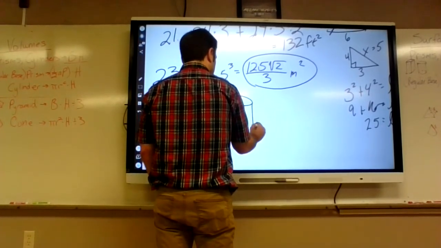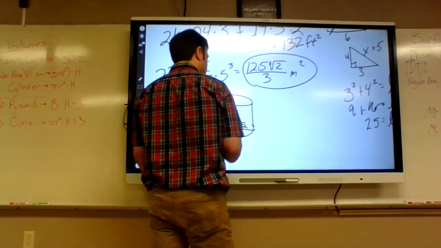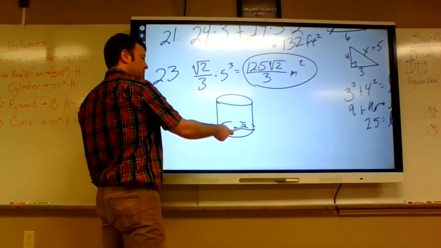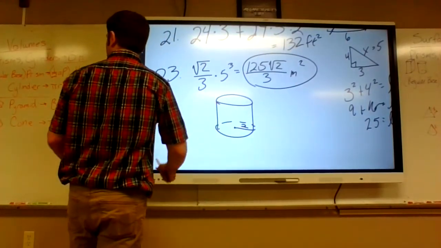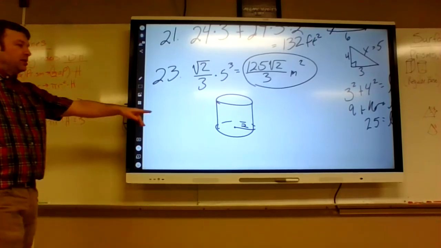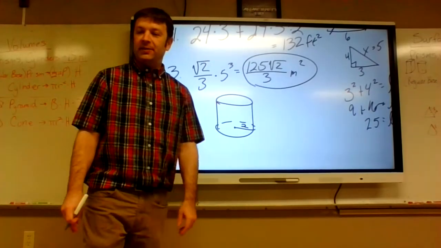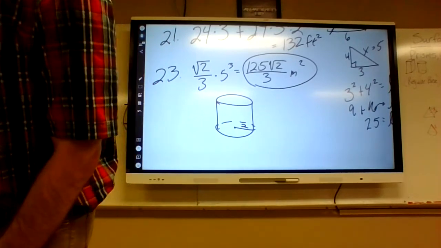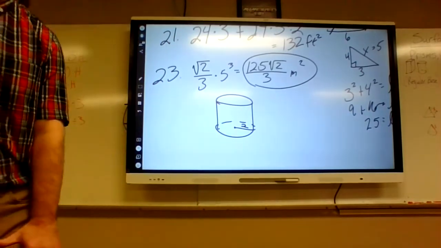Yeah, we need the radius, not the whole thing. We're doing volume, by the way. So volume of the cylinder is pi r squared times h. Radius is 2. What's the height of the cylinder? 3.482.